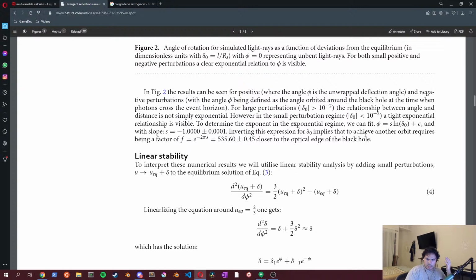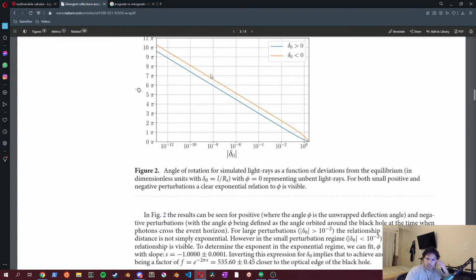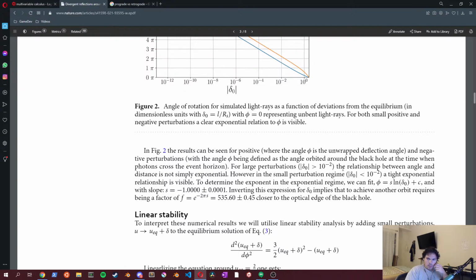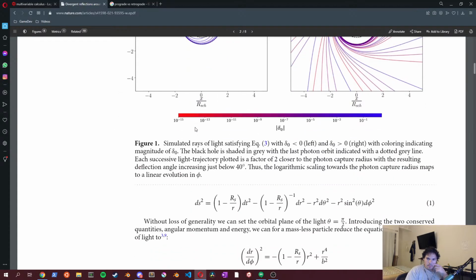But roughly, they're saying that using the fit that you made here, you can find a factor that tells you how much closer you have to be, how much you have to move in this y space here to give you another orbit around the black hole.